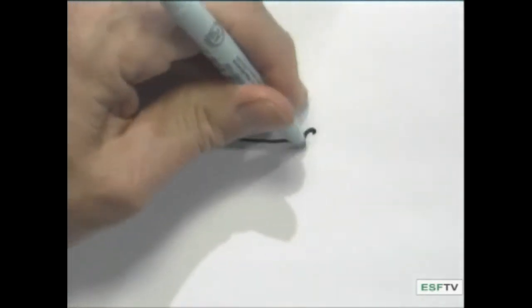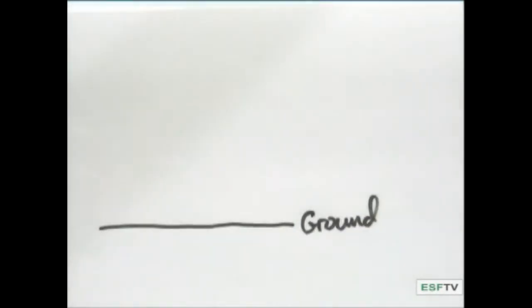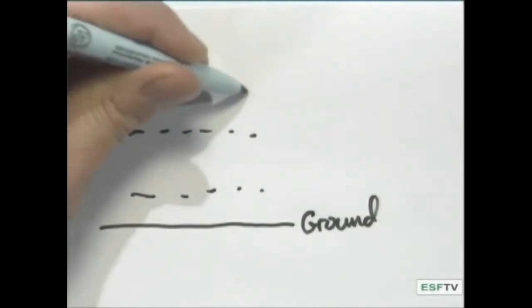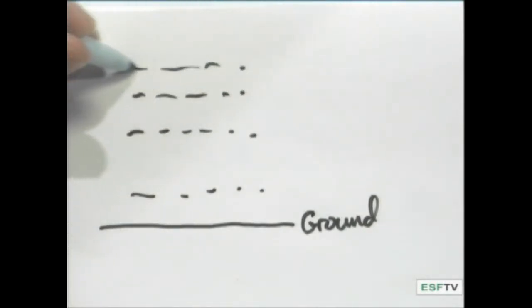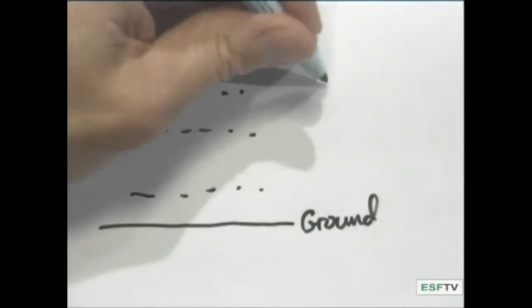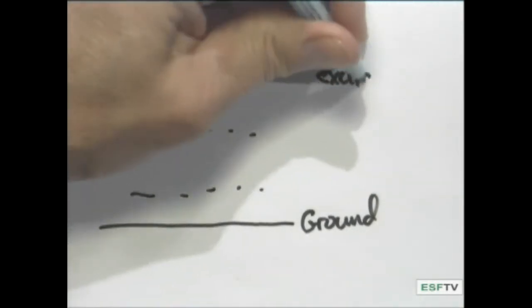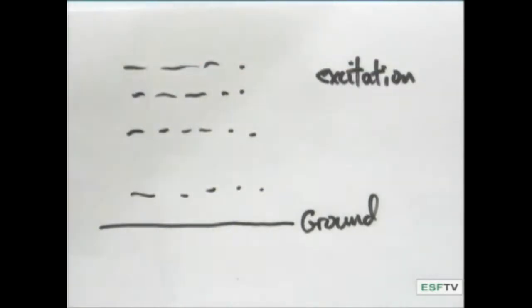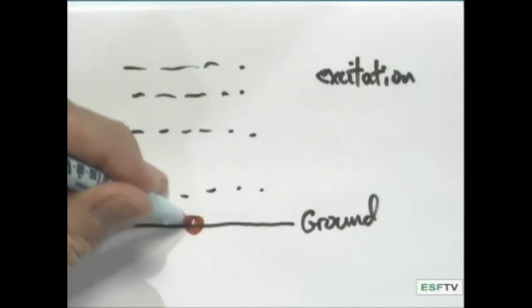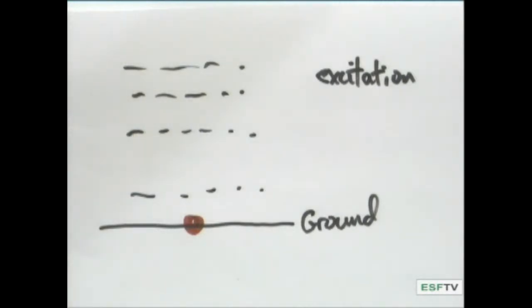You can have a ground state where the electron is most likely to be, but then above that, again in discrete levels, various so-called excitation states where the electron could reside. Normally the electron sits down there in its ground state, and this is the situation at equilibrium. But you can actually come along and put energy into this atom.